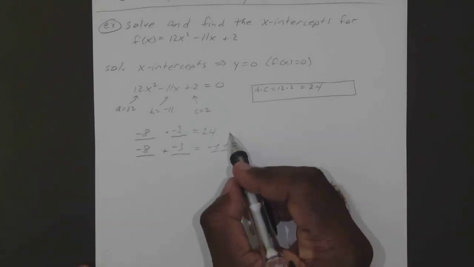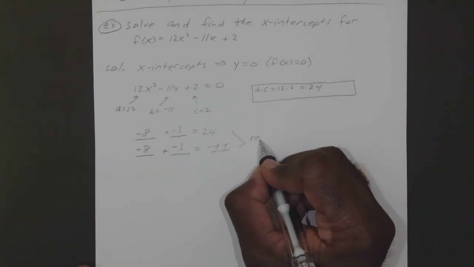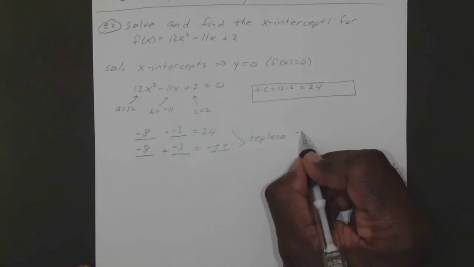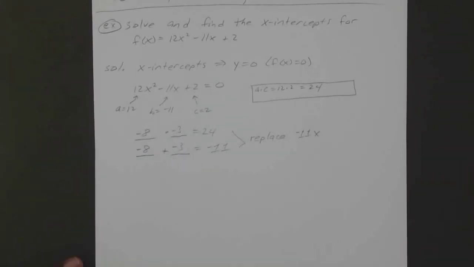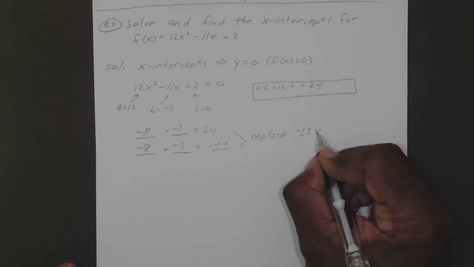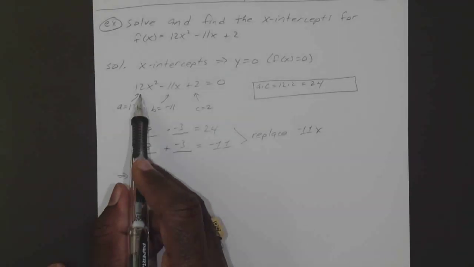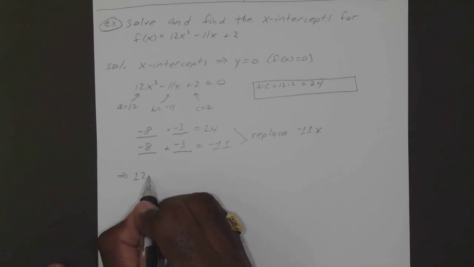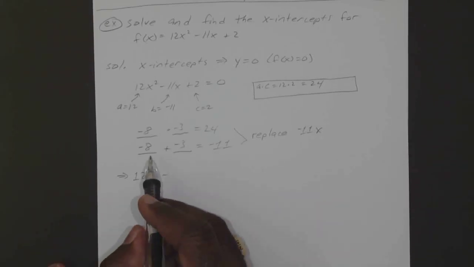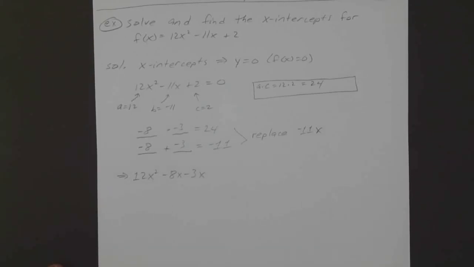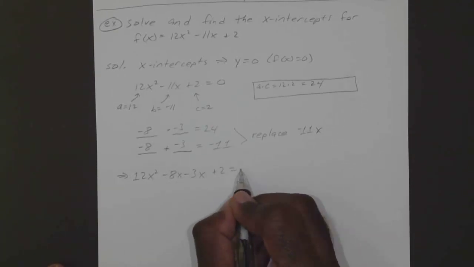Once we have that, we're going to replace negative 11x, which gives us 12x squared minus 8x minus 3x plus 2 equals 0.